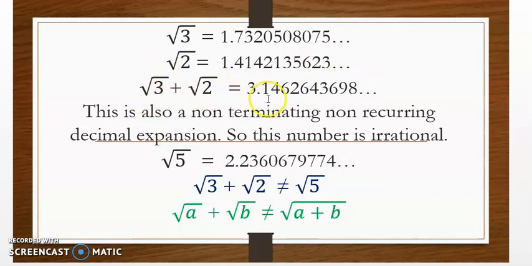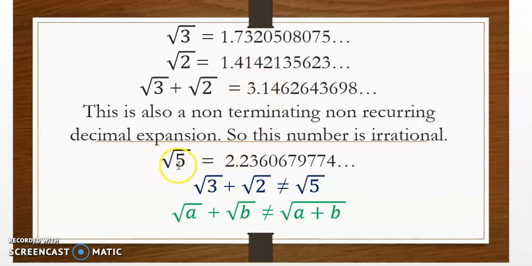You can see this is a non-terminating, non-recurring decimal expansion, so this is an irrational number. So root 3 plus root 2 is again an irrational number. Adding two irrational numbers gave us another irrational number.